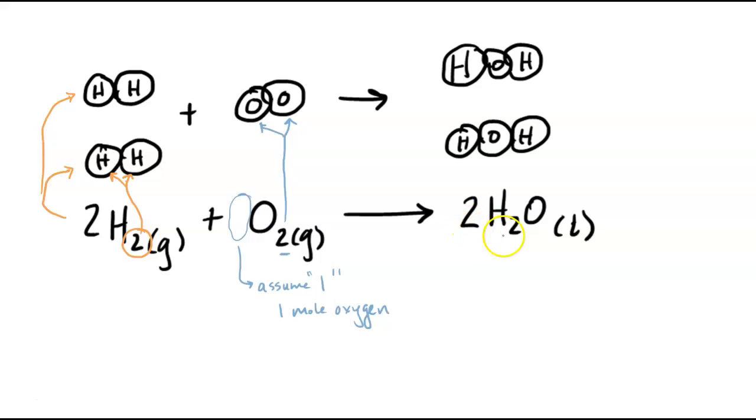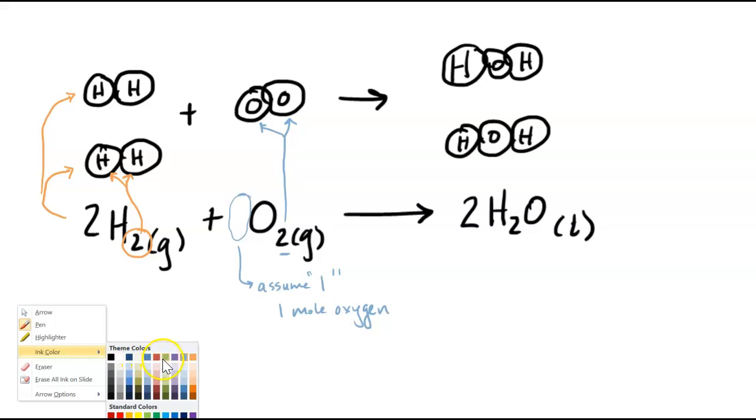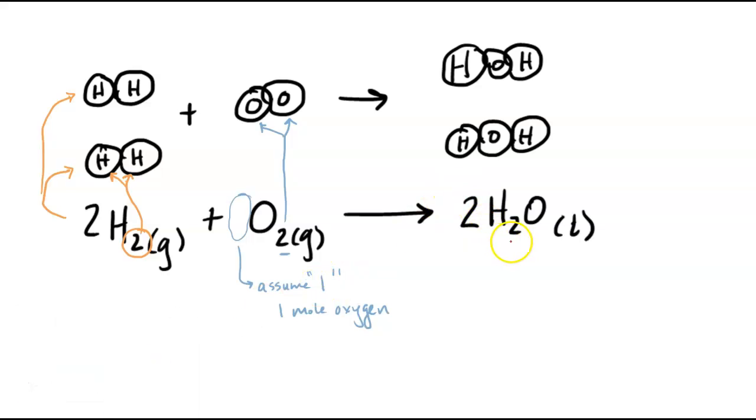When we look at H2O, we see that we have the small subscript 2. That tells us, I'm going to use a different color. That tells us we need to have 2 hydrogens. Do you notice how I have 2 hydrogens drawn? There we go.